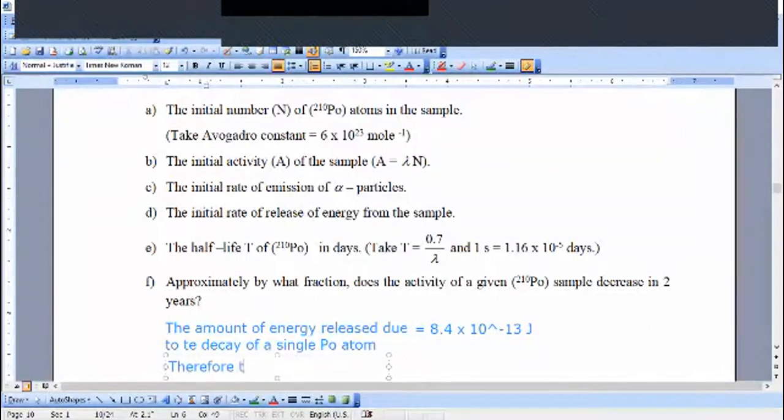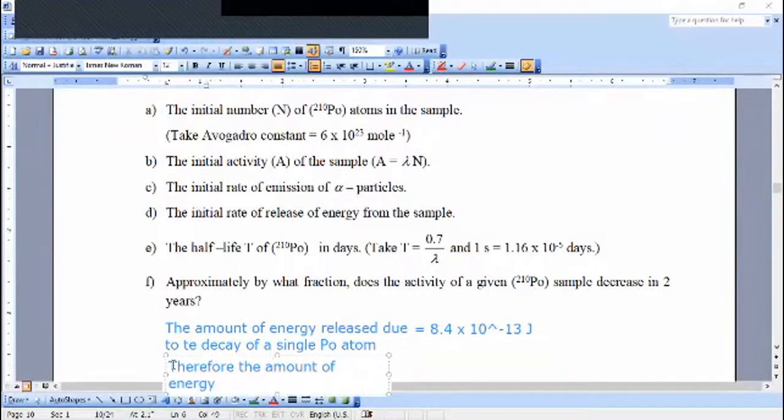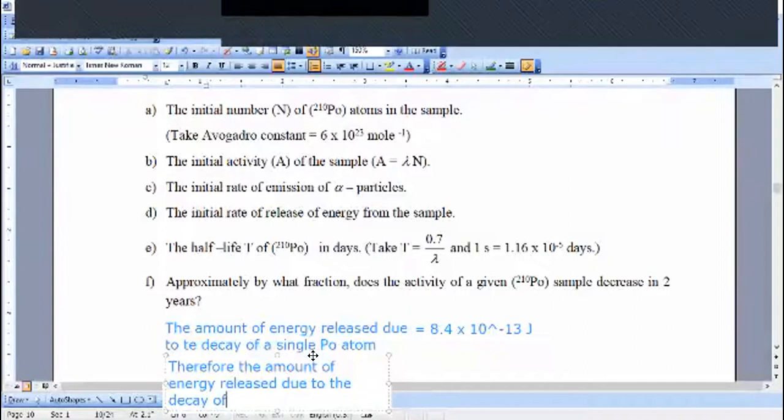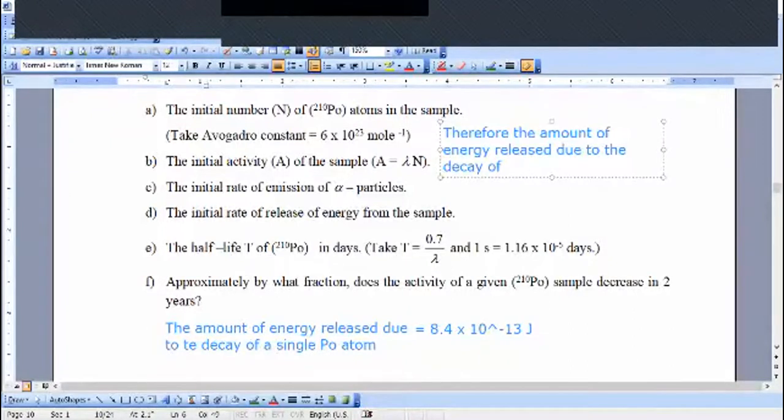Therefore, the amount of energy released due to the decay of how many polonium atoms decay per second here? We found it. The number of polonium atoms decaying per second we have found as 1.60 into 10 to the power 14.